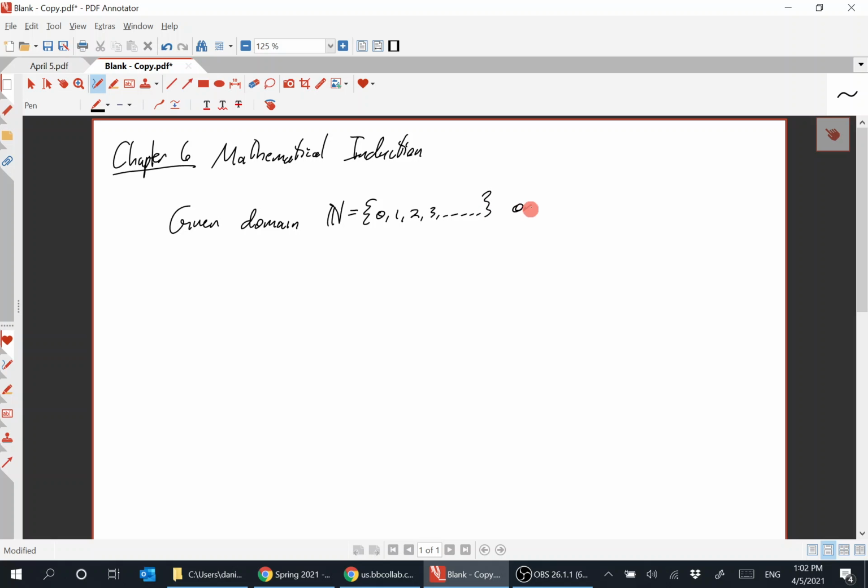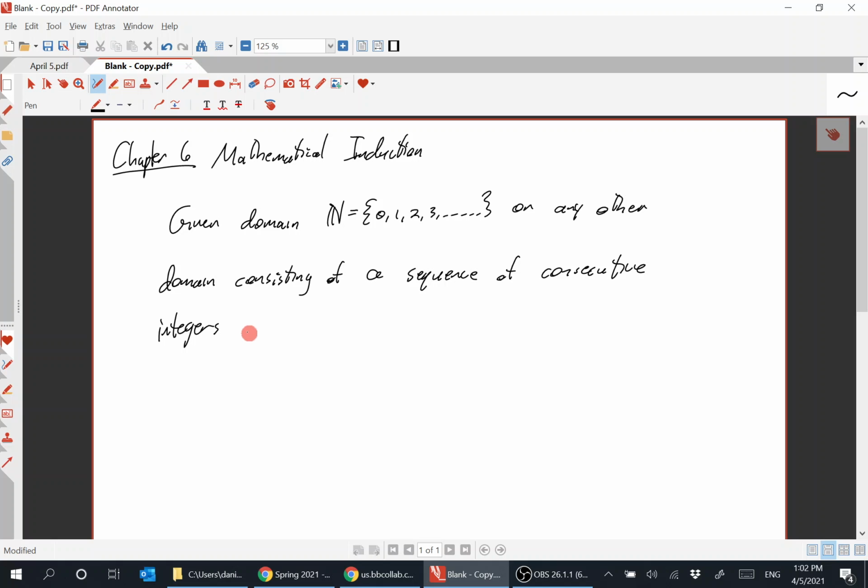Or any other domain consisting of a sequence of consecutive integers with the smallest member.